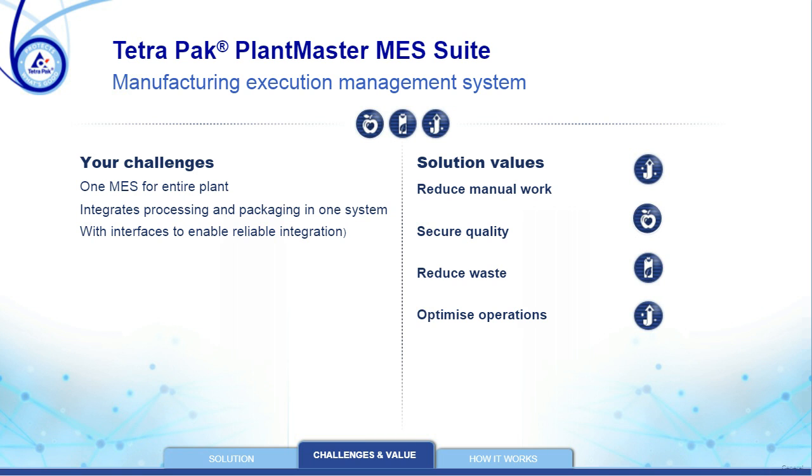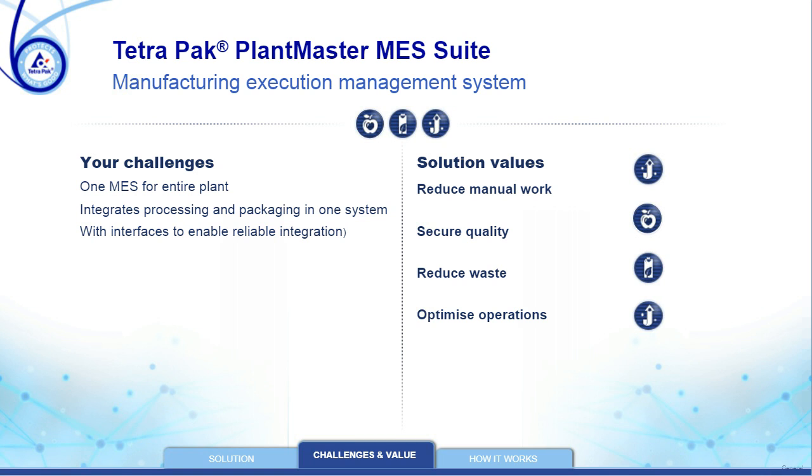And of course, Tetraplantmaster can bring you these values. It reduces manual work, so you'll get automatic operation. It secures the quality. So you can expect reduced quality issues due to material interlocking, automatic registration, and full traceability.